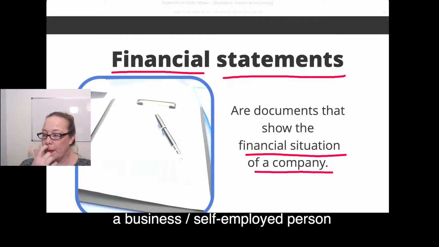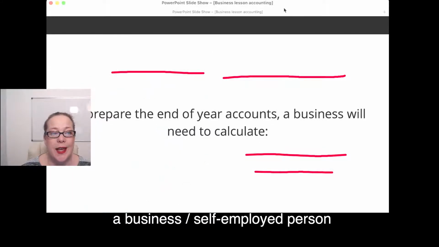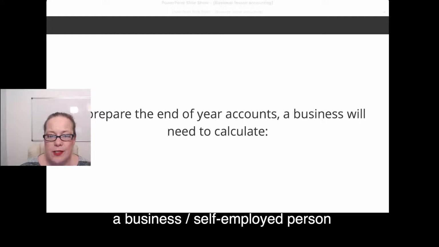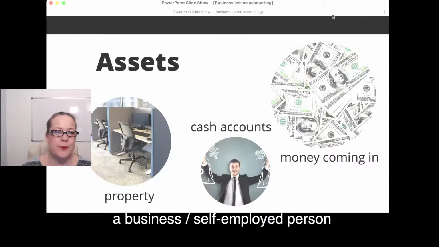For example, if you were a taxi driver and you were working for yourself, you would be called a self-employed person, and you would have to submit accounts. And one of those financial statements would be your end of year accounts. Okay, so what are end of year accounts? What exactly are they? Let's find out.